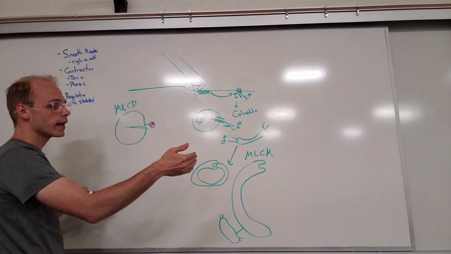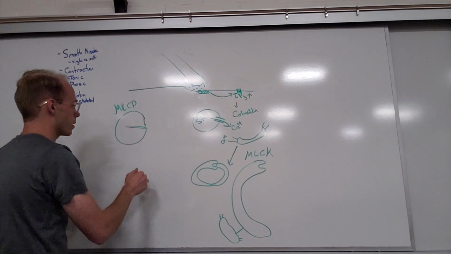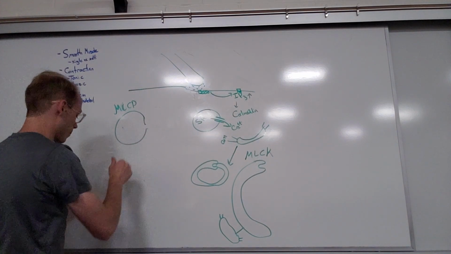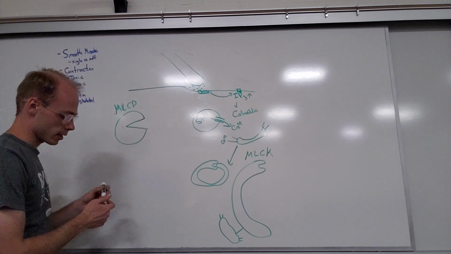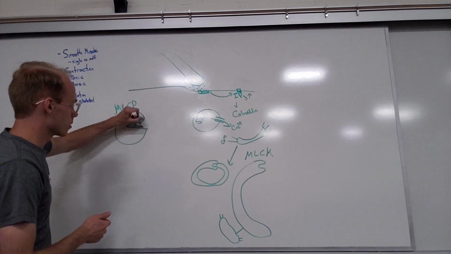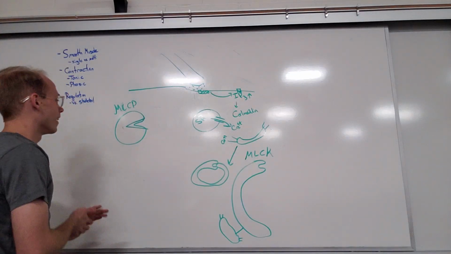means because rho kinase isn't active, it does not put these phosphate groups on MLCP, which allows MLCP to be in its active state. We're going to draw it like that. Looks kind of funky. It's Pac-Man. It's Pac-Man, yeah.